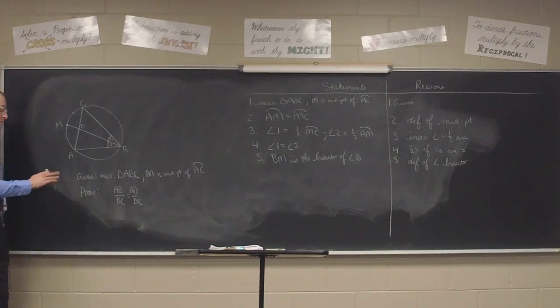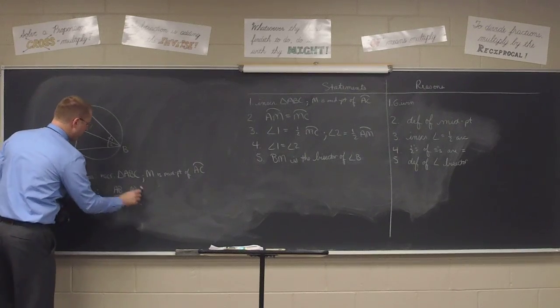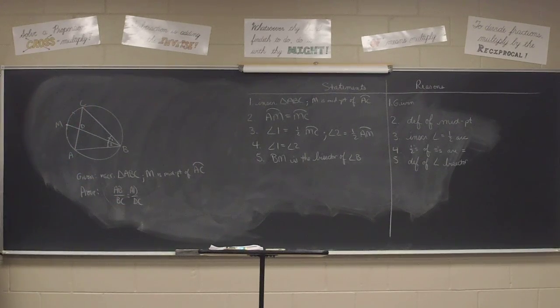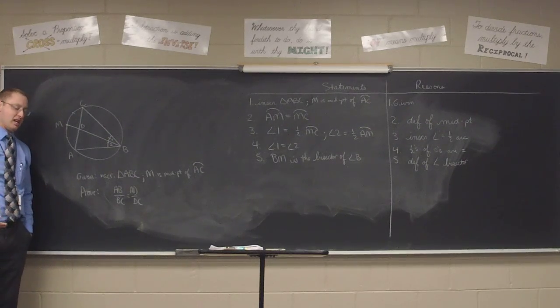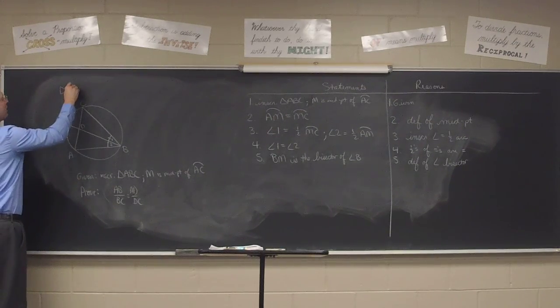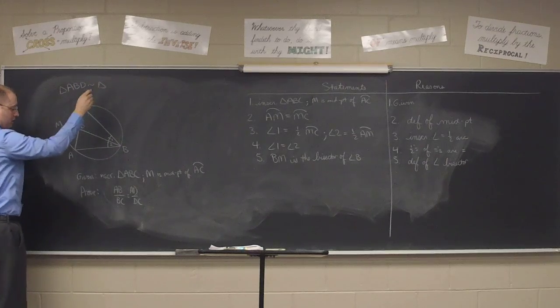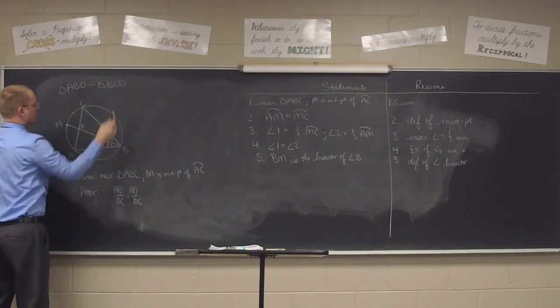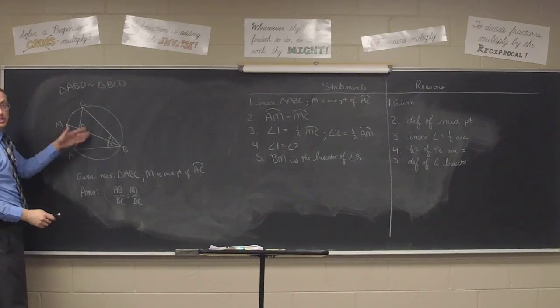I'm trying to prove AB is to BC as AD is to DC. When we want to prove lines proportional, class, triangle similar triangles, and then CSSTP. So what triangles need to be similar here? Kendall? ABD, triangle ACD. So these two triangles here would need to be similar to each other.